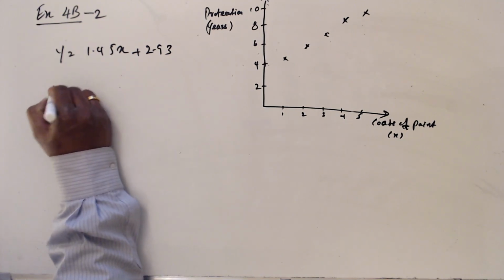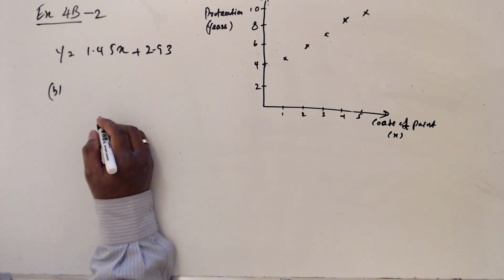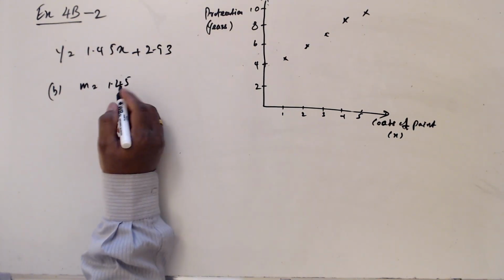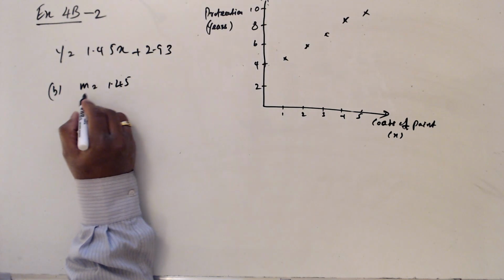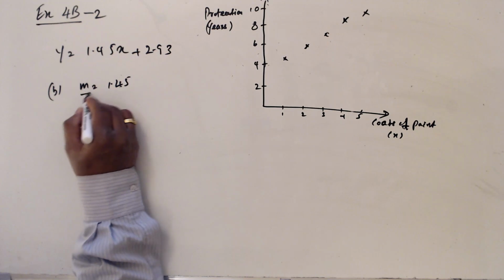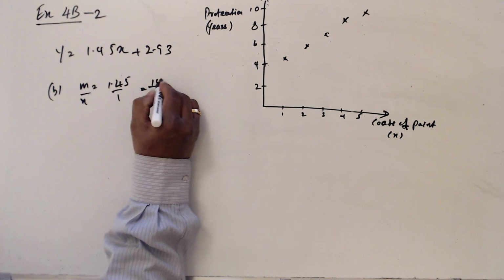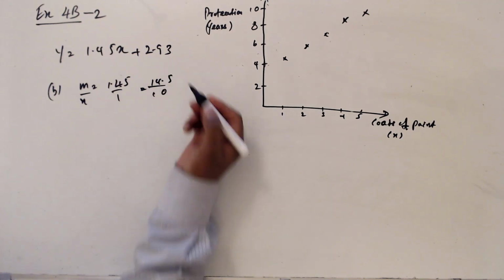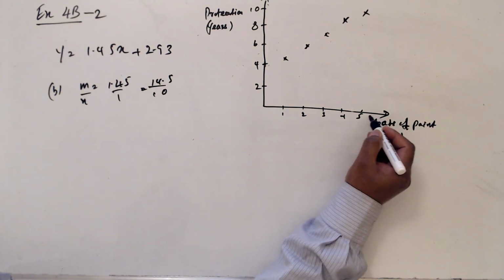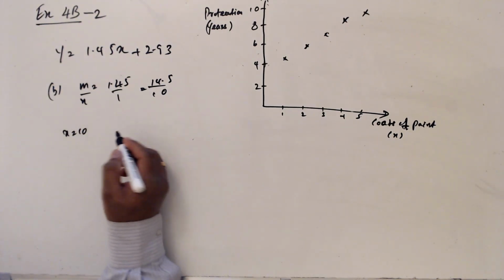So the gradient is 1.45, so 1.45 times 10 is 14.5. Having this knowledge, when x equals 10, it is out of range.